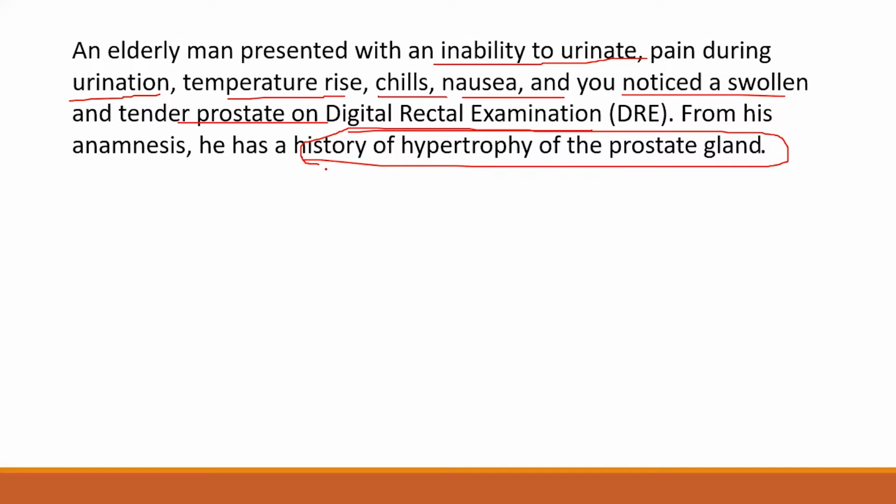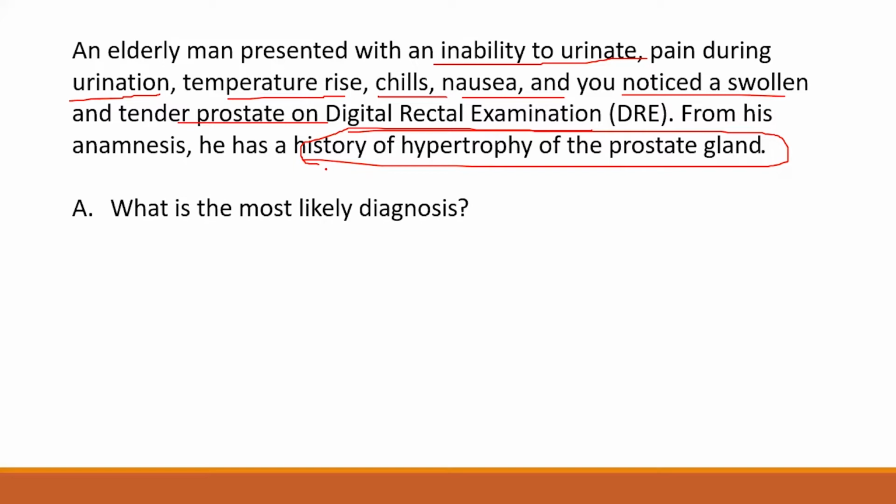But you see, this person is also coming with what? Cannot urinate, temperature. So signs of intoxication are present, isn't it? Chills, nausea, temperature, and so forth. So definitely you are thinking of a possible infection that is causing the urine not to come out. So we're going to be looking at it briefly. What is the most likely diagnosis? Over here, we are going to look at acute bacterial prostatitis.